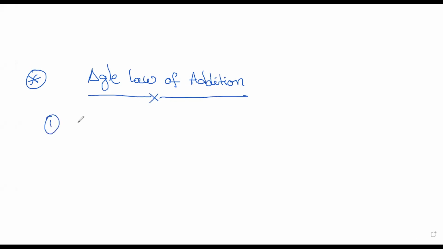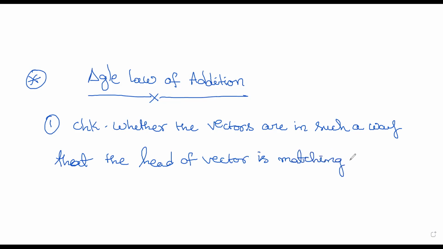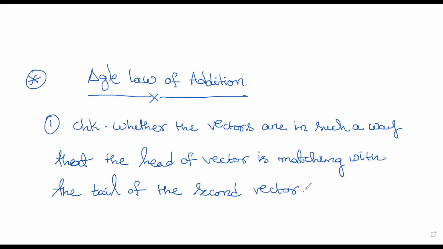The first point: check whether the vectors are in such a way that the head of the first vector is matching with the tail of the second vector. This you have to ensure first.